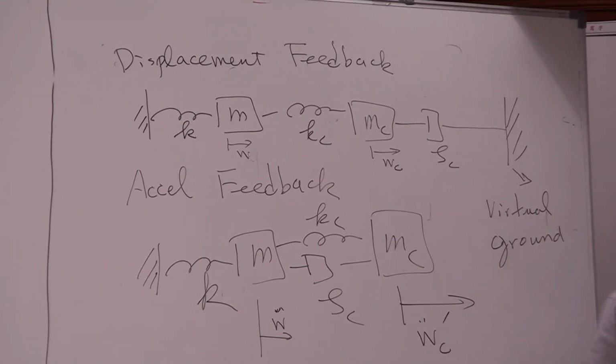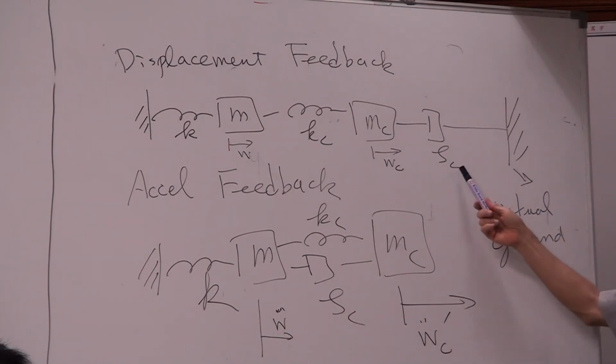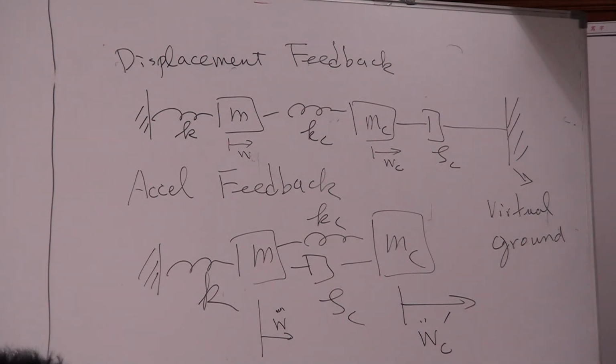So it doesn't matter whether it's real ground or virtual ground in the computer, they don't care. But conceptually, if you want to implement it in terms of a passive system, then you can do this. And if you use acceleration, then in the passive system, you can do this one.